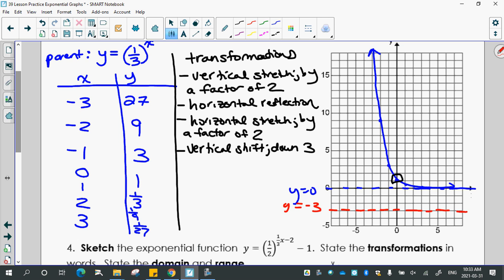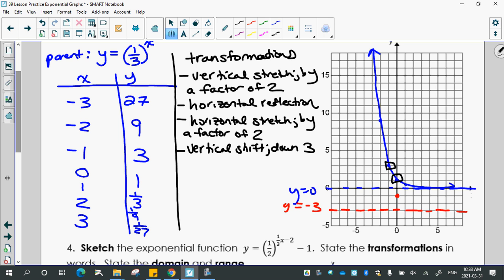Horizontal stretch, just stay on the y-axis, and then move down 3. 1, 2, 3. So I should end up here for that point. So 2 above the horizontal asymptote, the new one. Okay? All right, now let's look at this one here.